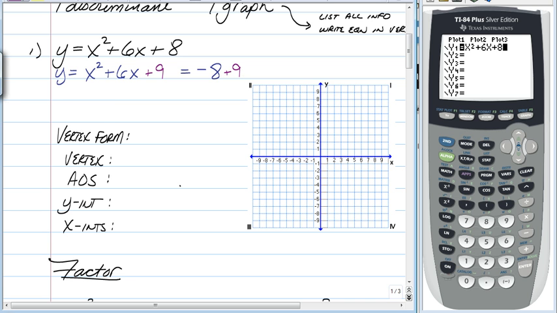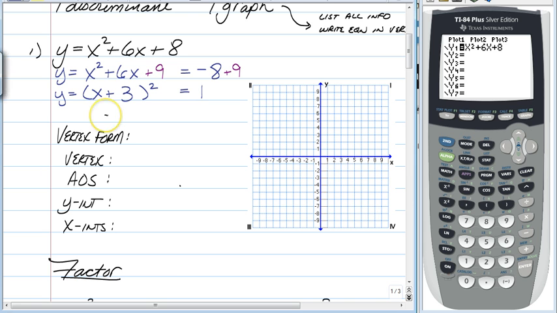Okay? Now from there, we have y equals. We write this side as the square of a binomial. So remember, that's where we take x, whatever this symbol is, and half of this number. So half of 6 is 3. We put the squared on the outside, and that's equal to negative 8 plus 9, which is 1. So then our vertex form, this is where you guys had trouble on the quiz.